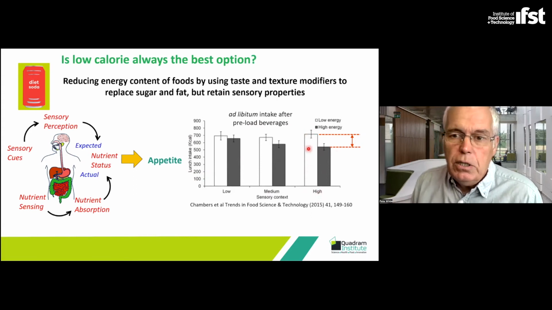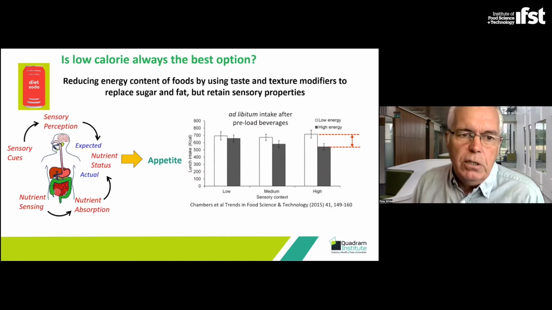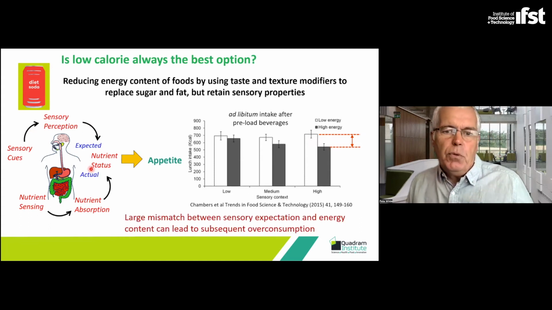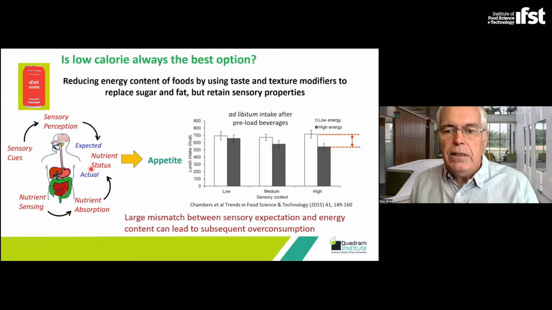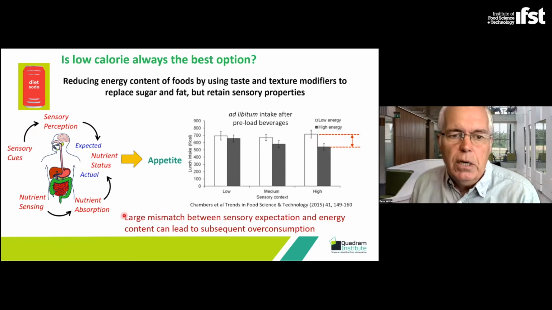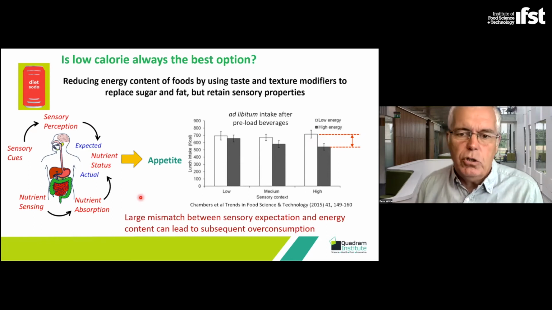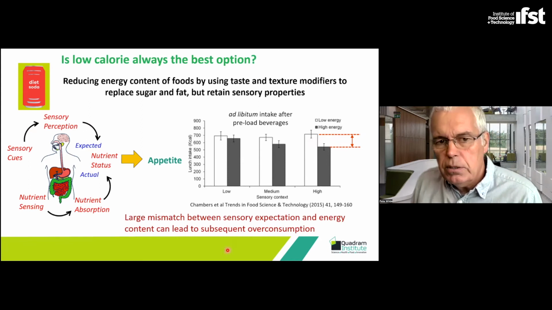So this overcompensation from the reduction in energy is down to this mismatch between the sensory properties and the actual nutrient content. So whilst it's good to reduce energy levels in foods, a big mismatch between the sensory and the nutrient composition can have unintended consequences.